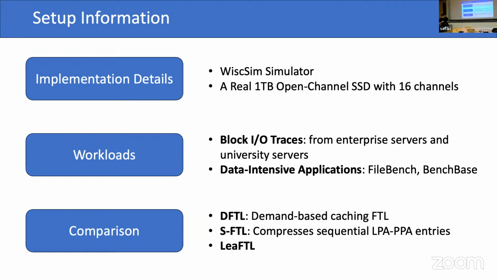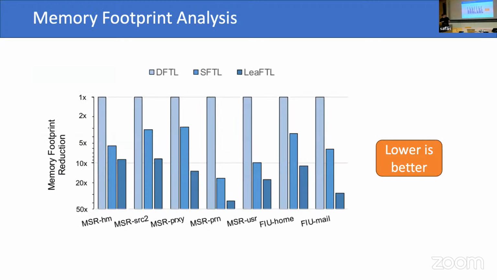And the comparison is basically done between the DFTL, SFTL, and the LeaFTL. This one, as the y-axis, we can see the memory footprint reduction, and so the lower it is, the better it is.